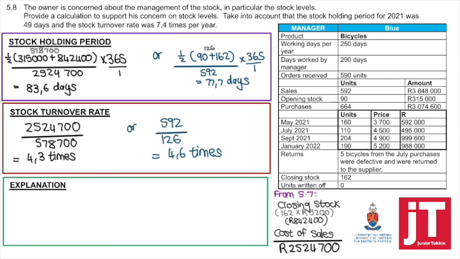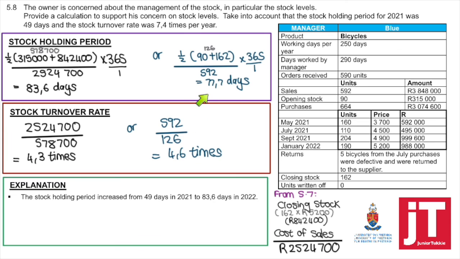So now when we explain, when we compare, there's a reason why they provided you with last year's figures. The stock holding period increased from 49 days to 83,6 days in 2022. Make sure that you quote the figures which you've calculated in your answer.